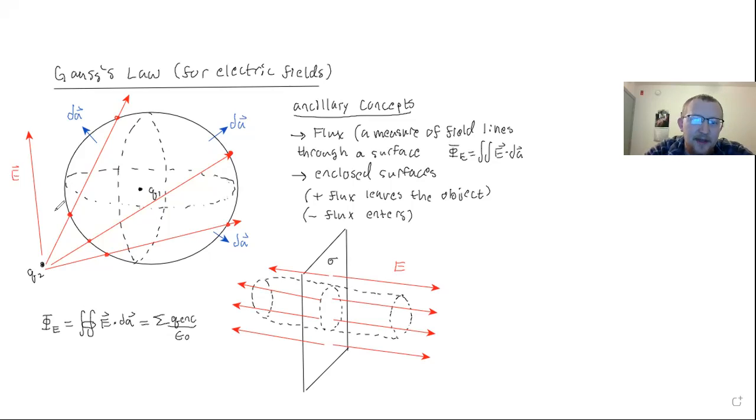And so you could think about that as this is negative flux right here because the field line is entering the surface, but then over here, the field line leaves the surface and has a positive flux. And so without going too much further in, basically this negative flux created by this field line and this positive flux created by the field line leaving the surface, they net to zero. So in other words, the net flux through an enclosed surface caused by field lines from an external charge is zero.